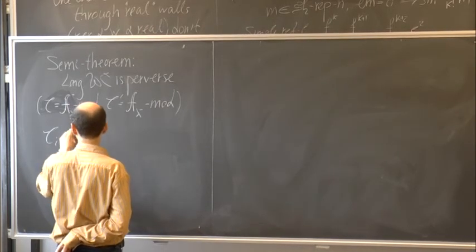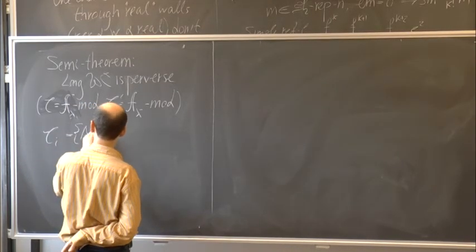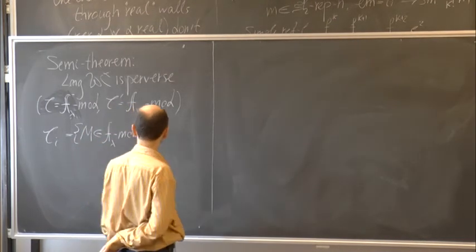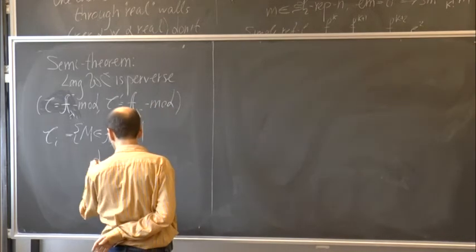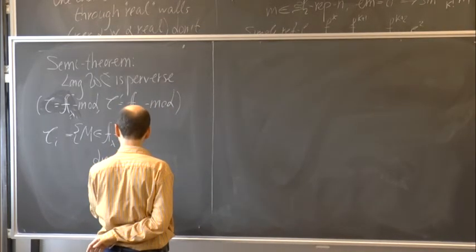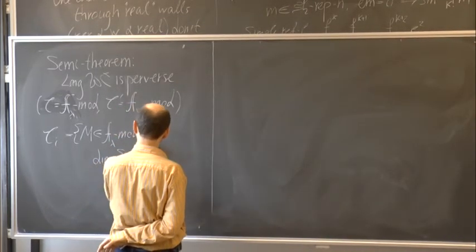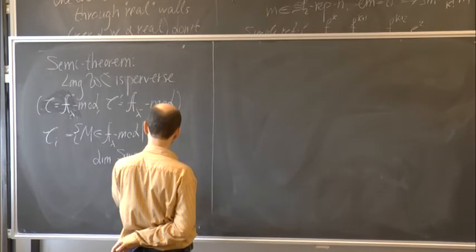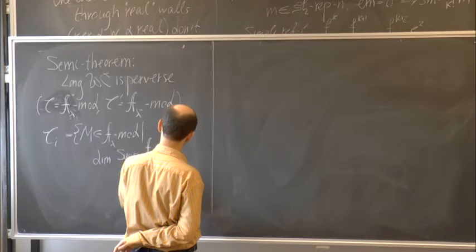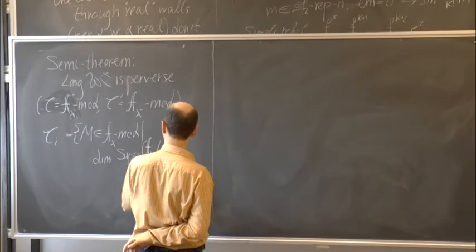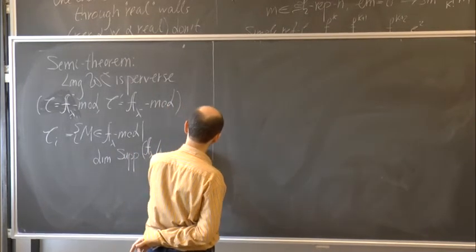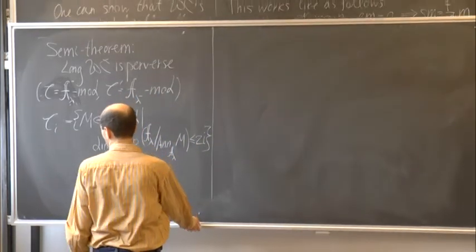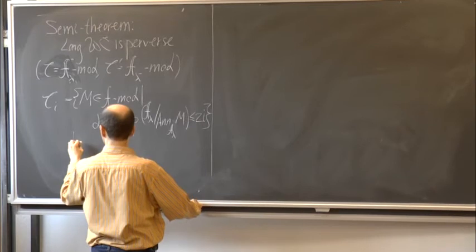So Ci is the category of all modules M such that the dimension of the support of A lambda modulo the annihilator of M is less than or equal to 2i. And di here is equal to i.